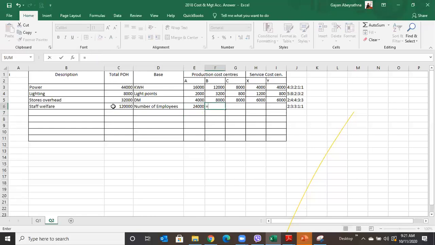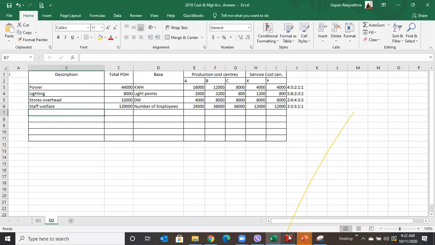Then here 120 divided by 10 into 3. Then equals 120 divided by 10 into 3. Here 120 divided by 10 into 1. Then here also 12,000. That's all.